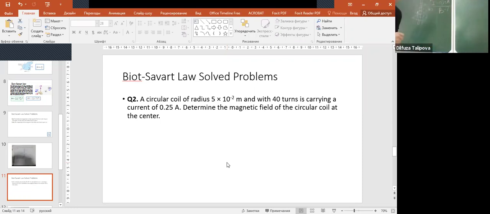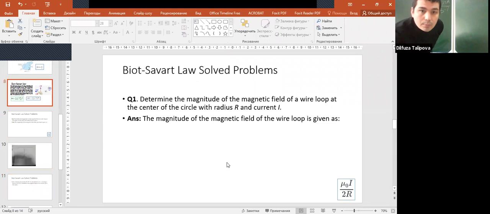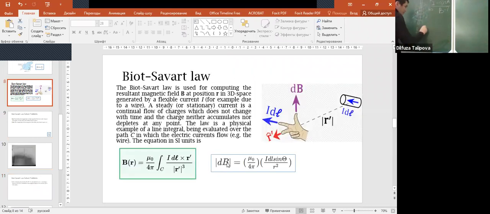So we again use these equations. Let me see the equations. B is equal to mu 0 divided by 4 pi integral of I dl unit vector of R.